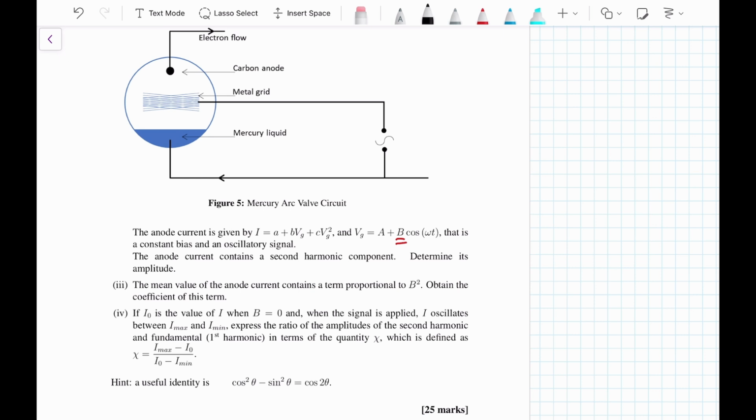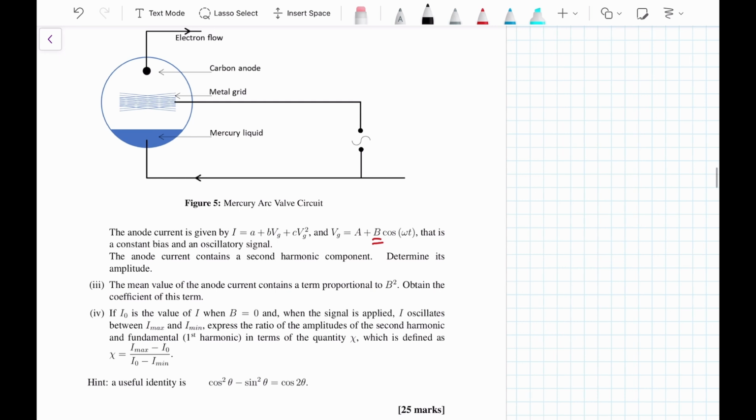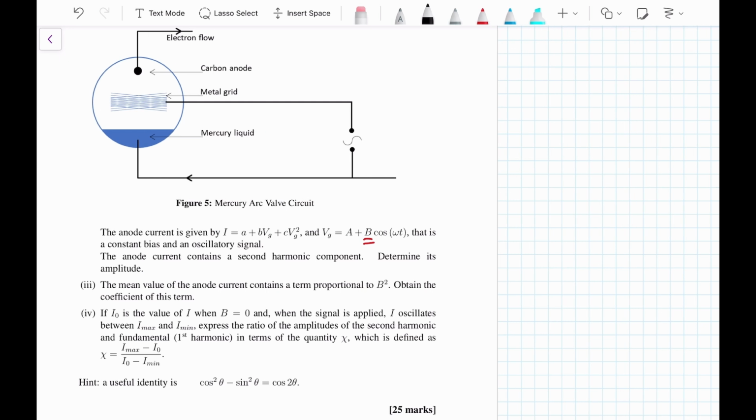The anode current contains a second harmonic component, determine its amplitude. A second harmonic component. What exactly does that refer to? I suppose within the expression of current, there is a second harmonic component.